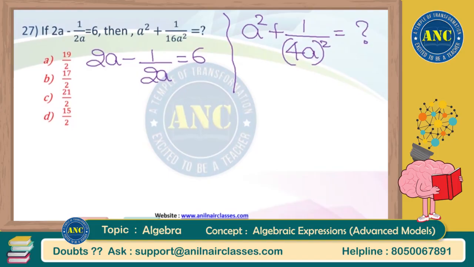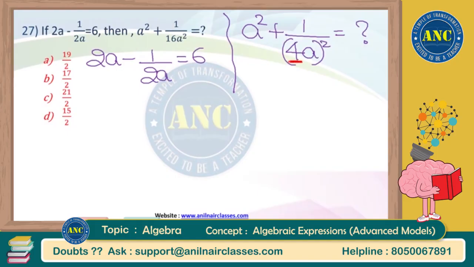Now see here, sir. I should always try to express the given condition in terms of what is being asked in the question. What is being asked? A square plus 1 by 4a whole square. In that, I have 4 in the denominator.